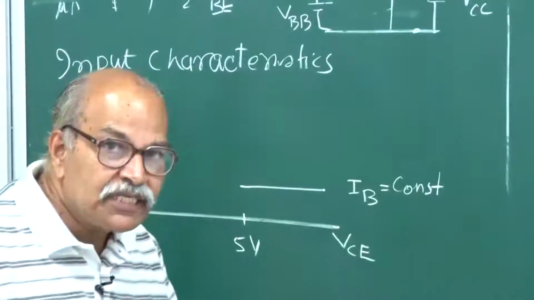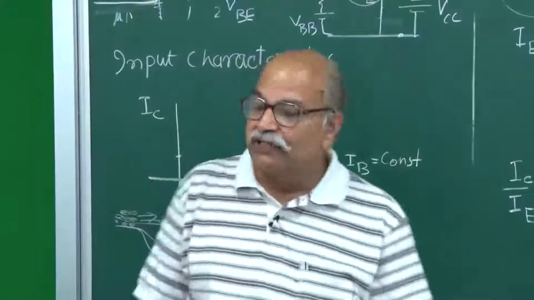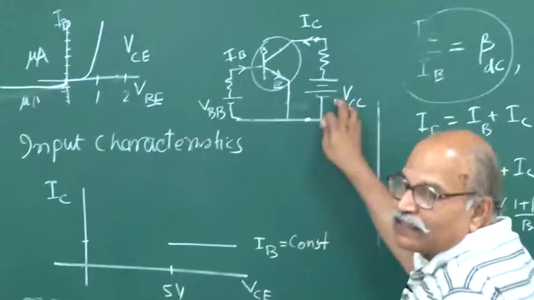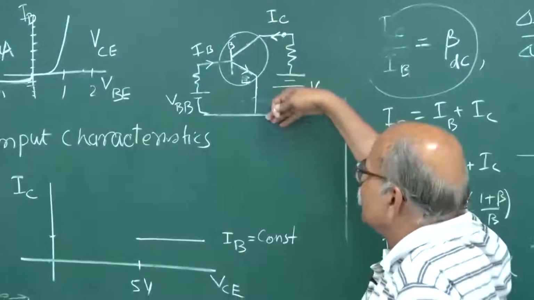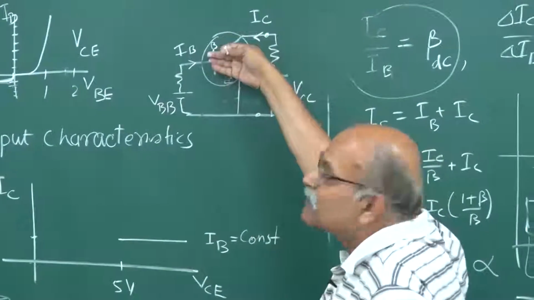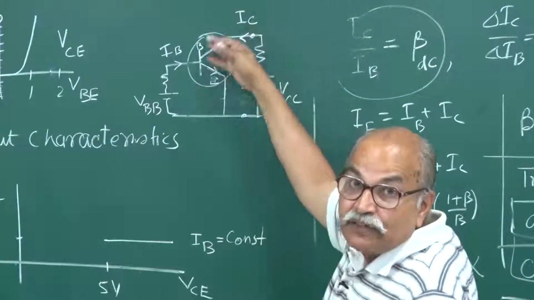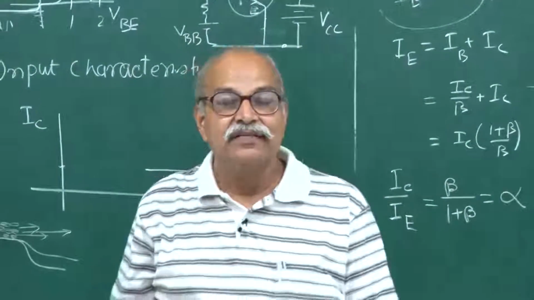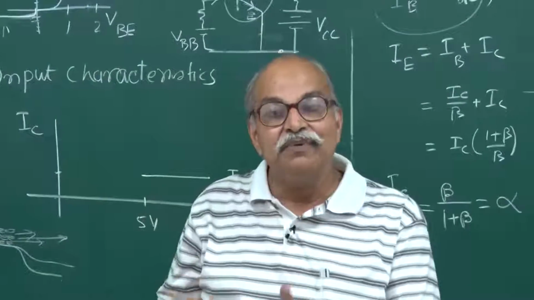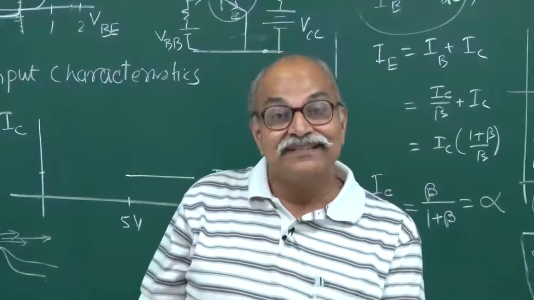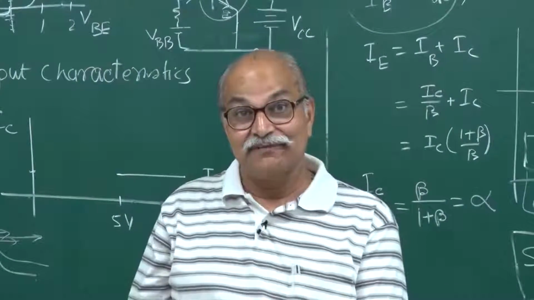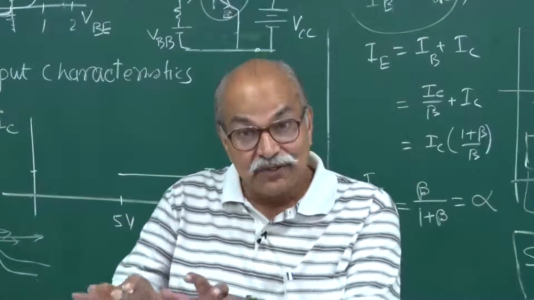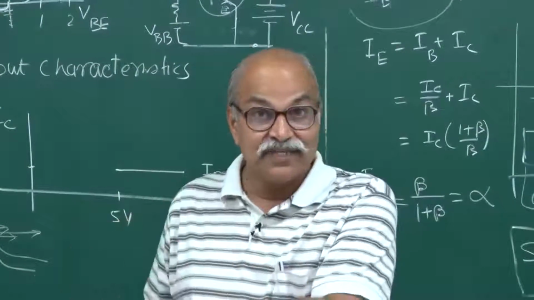And if you reduce this VCC, if you reduce this VCE and this VCB, then at a certain stage it may not be able to draw beta times IB current, because it may not be able to draw that fraction of electrons into it.